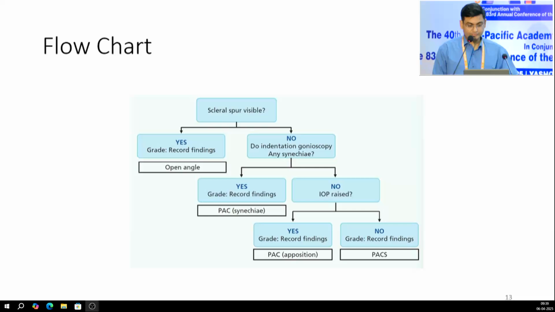Now if the scleral spur is visible, then record your findings. If it is not visible, then you can look for any indentation, and if the angle is open, then it is like primary angle closure. And still, if you see that there is associated IOP rise, then it is angle closure suspect.